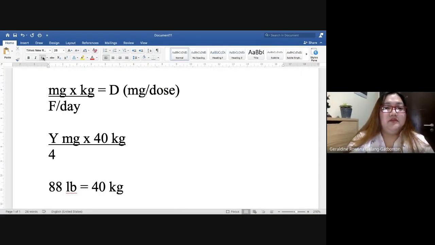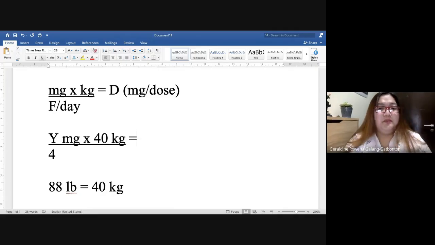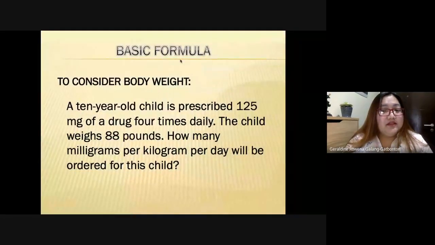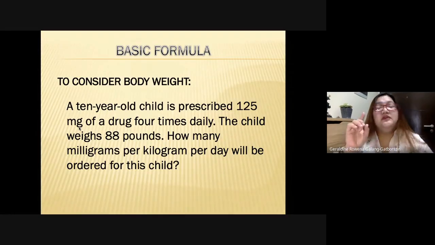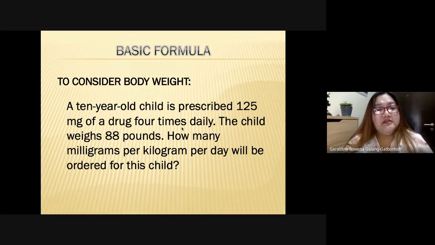Okay, ngayon, ano yung mg per dose? It's given, 125 mg yung dosage niya per administration. Kaya nga sinabing 125, 4 times a day. Okay, so yung 125 mg, siya na yung D. Alright?